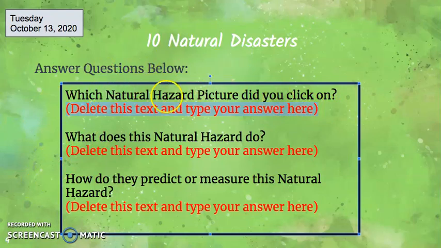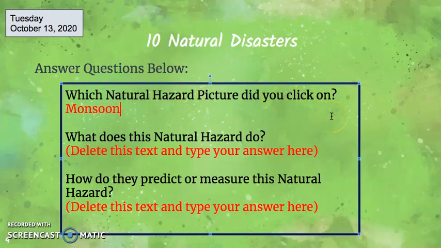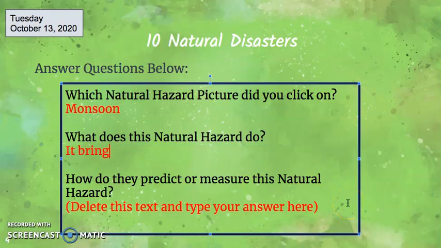Answer questions below. Which natural hazard picture did you click on? I'm going to say that I clicked on monsoon, but it's not there, so I won't have the problem with you copying my answers. What does this natural hazard do? It brings, and you want to have at least 10 words when you answer this question.